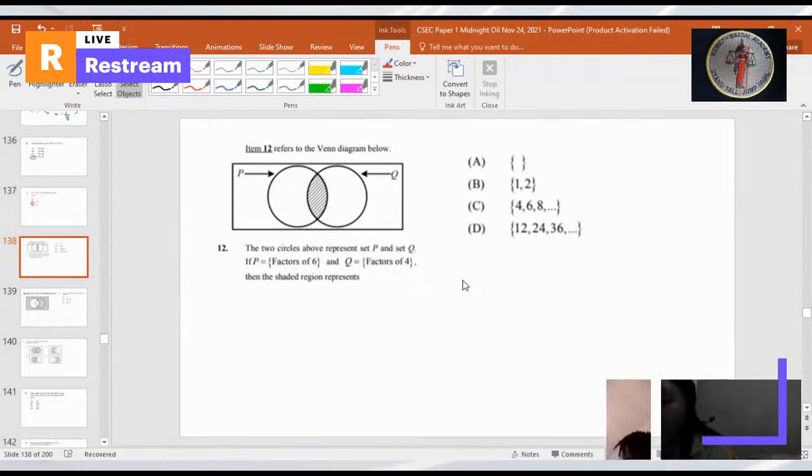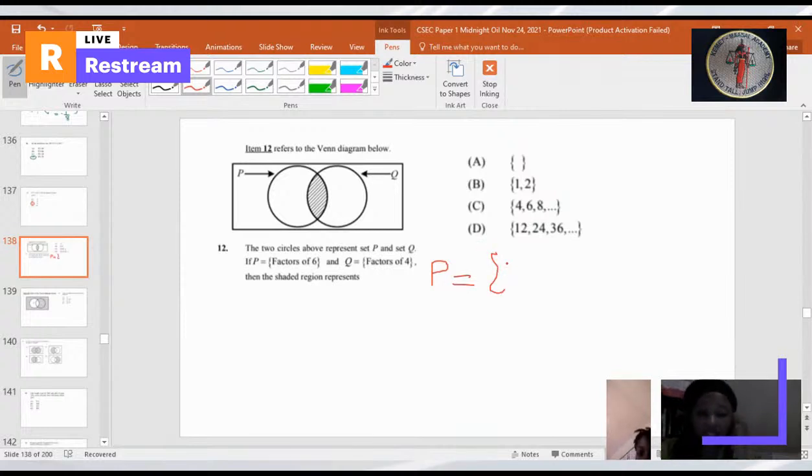So we're asking, what are the factors of 6 that are also factors of 4? Since P is the factors of 6 and Q is the factors of 4, they're asking which factors they share in common.